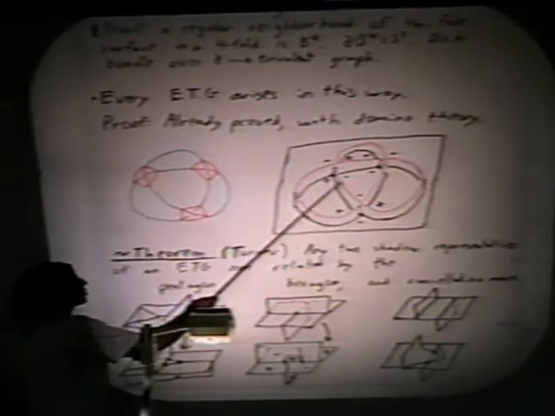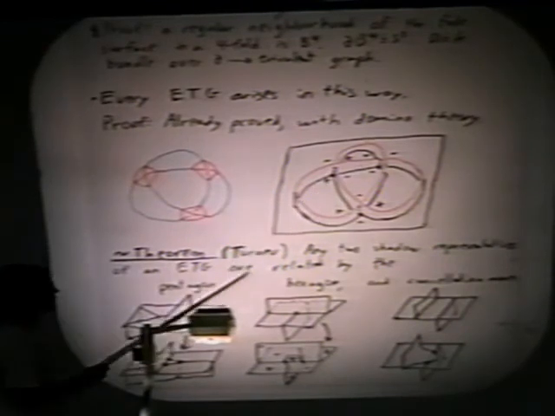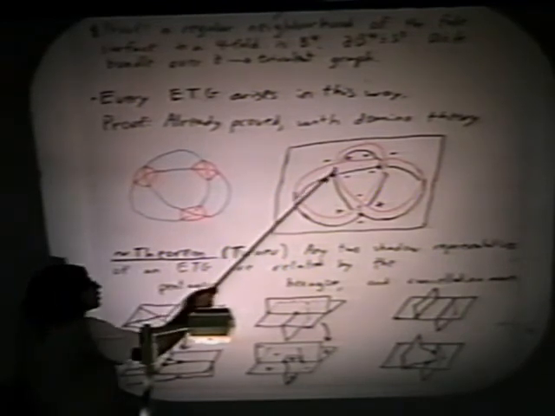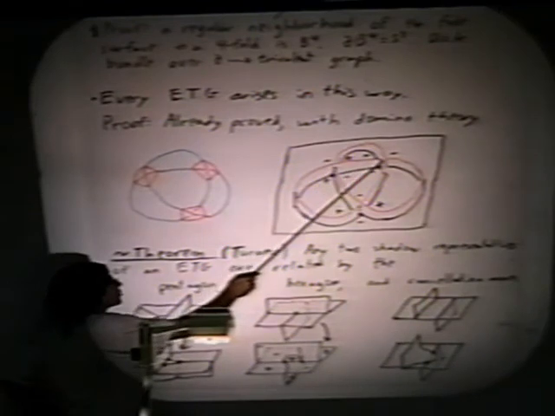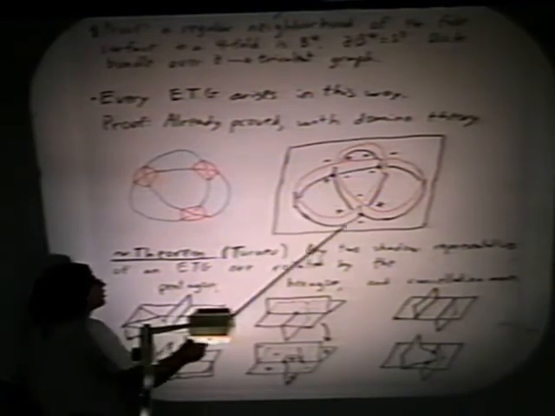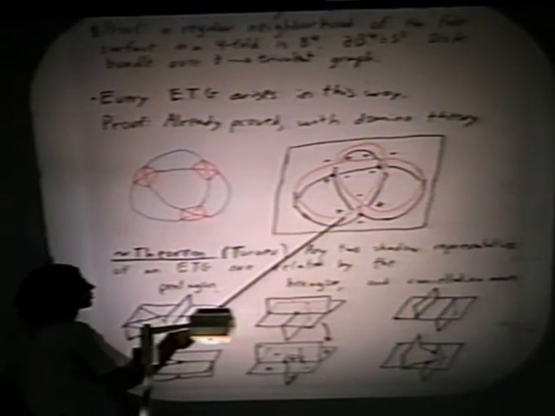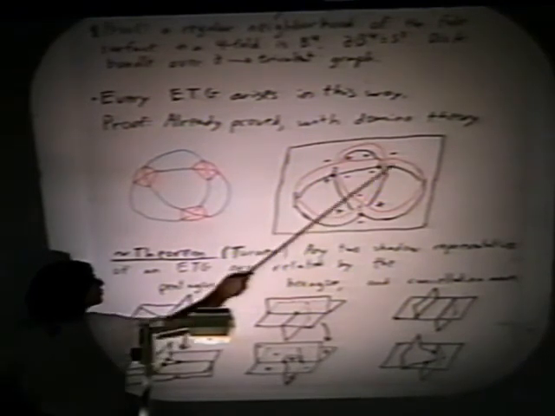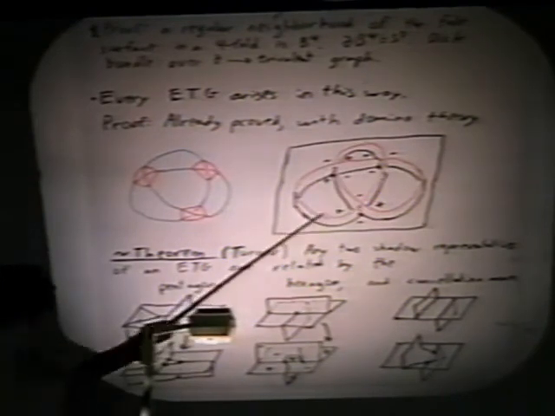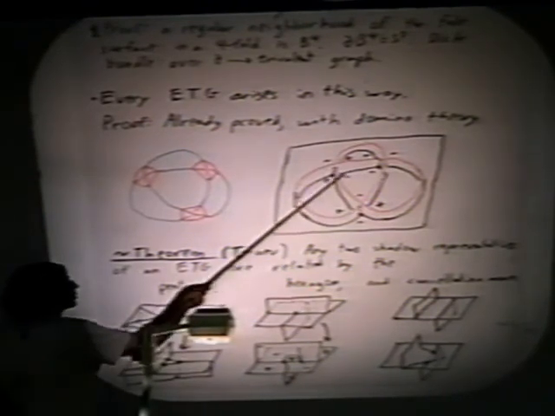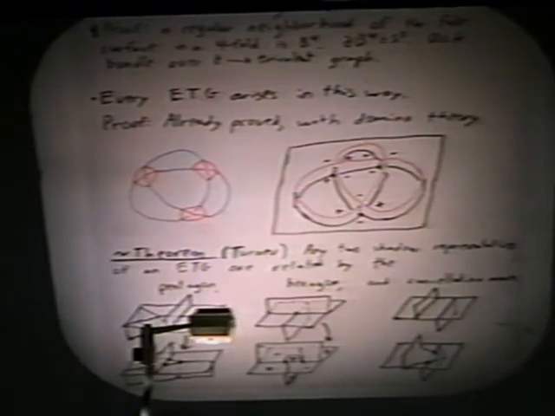So this 2 complex is not embedded in 3 space. There are some fake intersections which are drawn with these dotted black lines here. But otherwise, this is a correct 2 complex whose boundary is a single circle, and the pluses and minuses are indicating these framings.